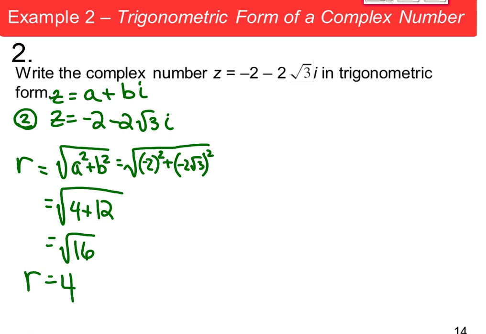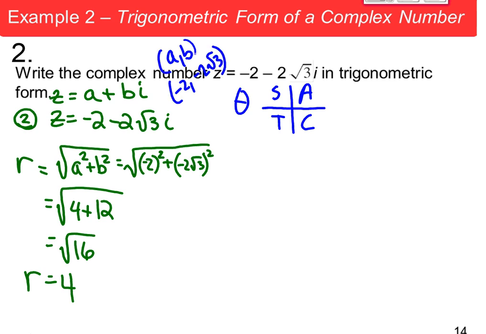So that's how we find r, just the square root of a squared plus b squared. And then we also need to figure out what theta is. And so to figure out what theta is, I'm going to draw my all students take calculus quadrants. And I'm just going to think to myself, if I was going to plot this a, b, that would be -2, -2 square root of 3.